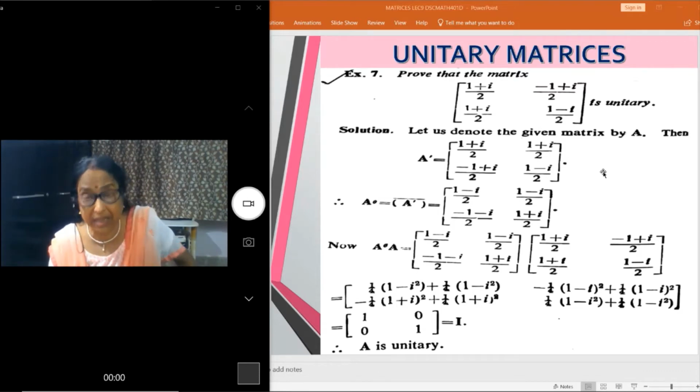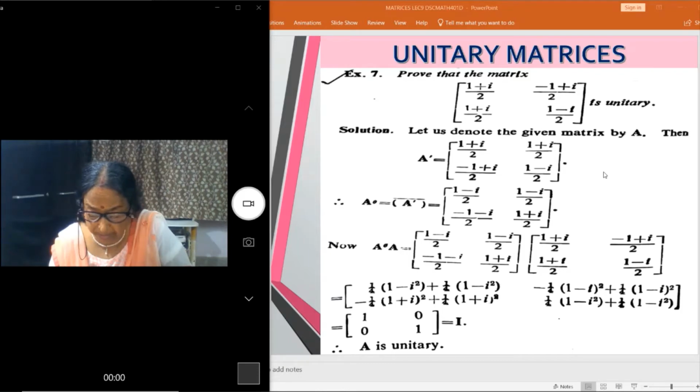For the first entry, we see that minus 1 plus i after taking the bar is changed to minus 1 minus i. For (1 plus i)/2 it is given, 1 remains as it is, and the imaginary part becomes negative, so (1 minus i)/2. In the second also (1 minus i)/2, and in the second row we see (minus 1 minus i)/2, and the last value (1 plus i)/2.